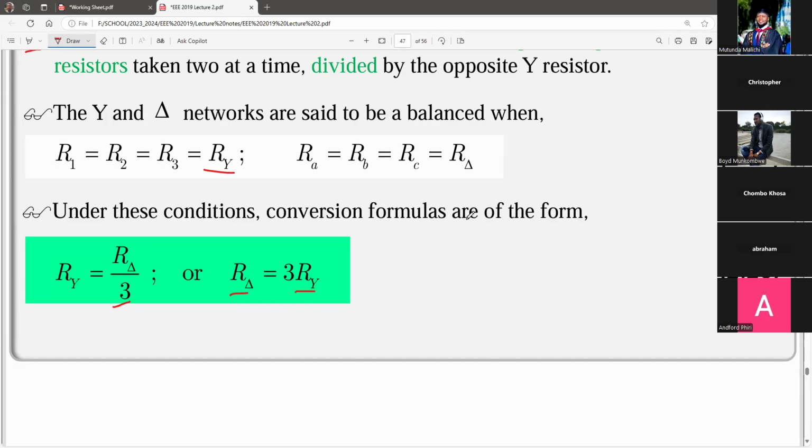But it's very rare that someone will tell you that it's balanced. Realistically, the systems are not balanced. Just that this assumption is there to lift certain ambiguities that one might go through when trying to analyze a certain circuit.